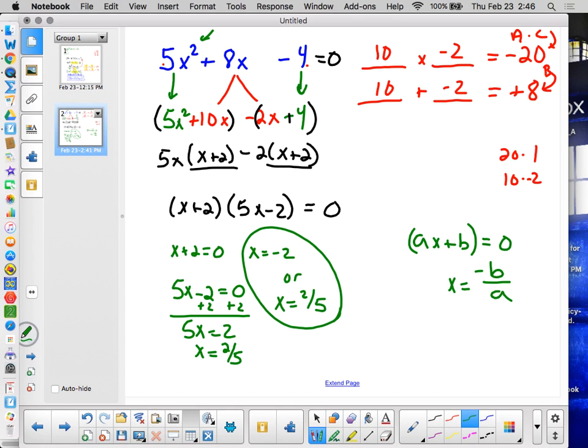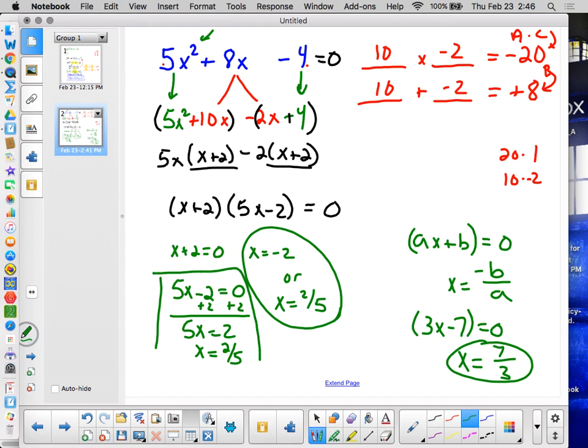So if I have 3x minus 7 equals 0, then x has to equal the opposite of negative 7, which would be positive 7, over 3. That's my solution. So there's a shortcut formula there if you care to remember it. If you don't, the algebra is pretty simple. Let's do another.